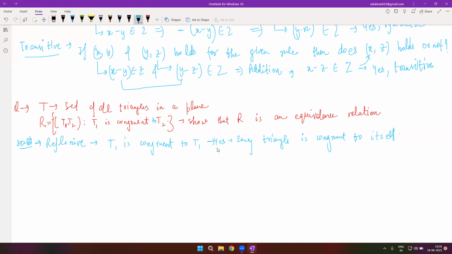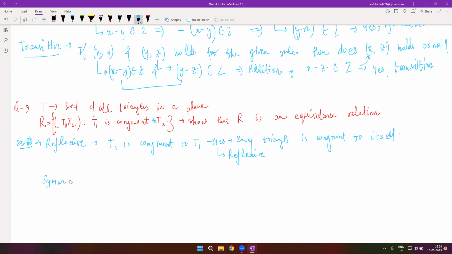Since it is reflexive. Now symmetricity says that T1, T2 is true. That is, T1 is congruent to T2.